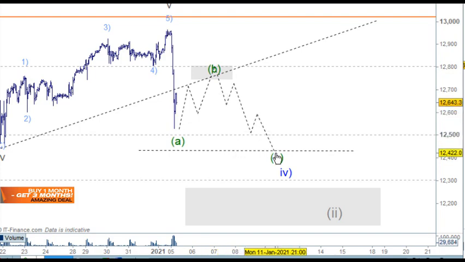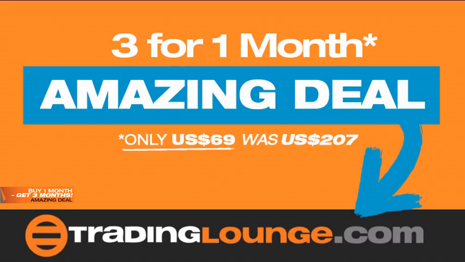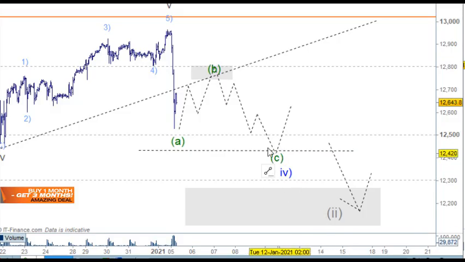We want to see that angle a bit like that, and then we can look to move to the upside. But once that's in play, anything below that 5 wave structure here, then we're going to be looking at a bigger bearish picture to the downside. And that means that we need to be short under here. So yeah, we'll be all over that, but just pointing that out at that point.